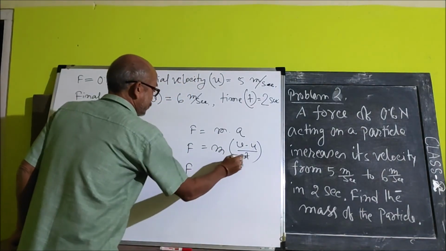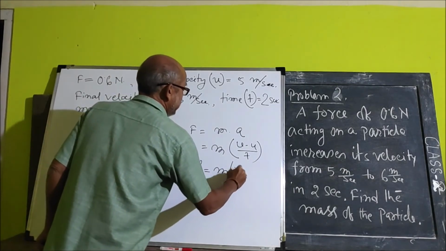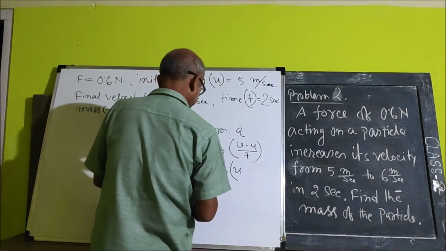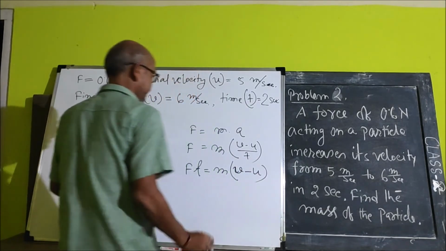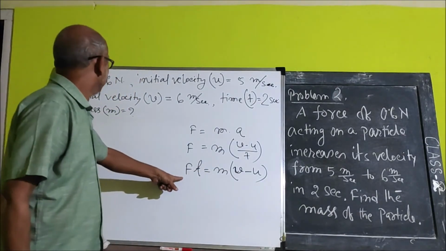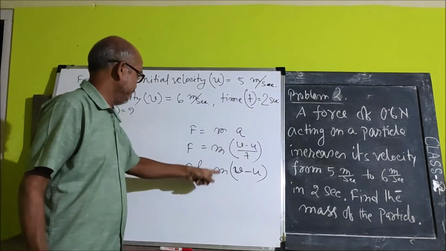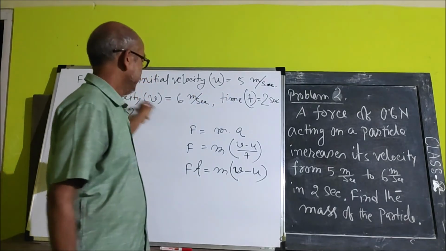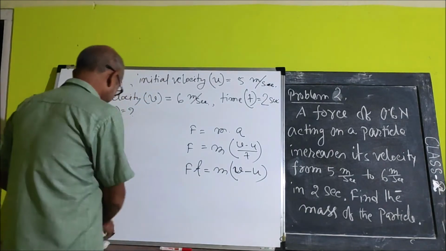So F cross t equal to mv minus mu, that is m into (v minus u). That is one type of formula. Here F, t are given, m we have to calculate, v is the final velocity and u is the initial velocity. This is the applicable formula.